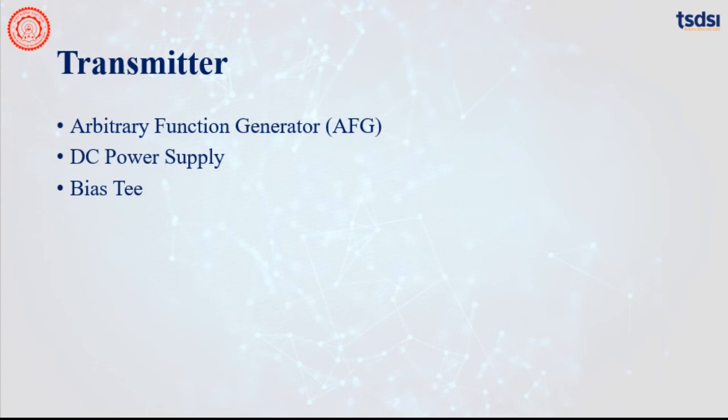First is the transmitter. In the transmitter, the function generator is used as a source and the DC power supply is used for giving a proper offset. The third one is the bias T, which is a three-terminal device where the first terminal is the RF port, connected to the function generator, the second terminal is the DC port, connected to the DC power supply, and the third terminal is the RF plus DC port, which is the output of the bias T and is given to the LED.